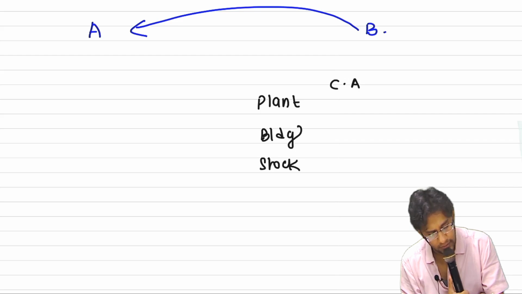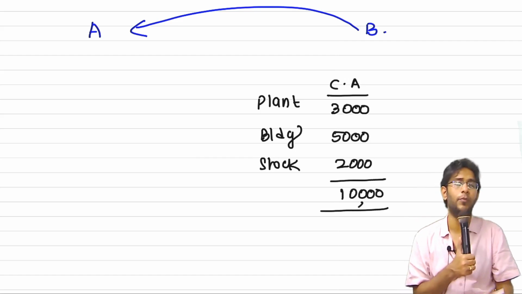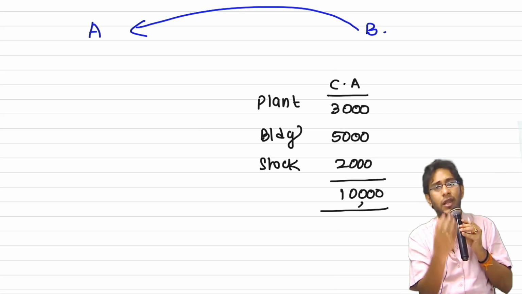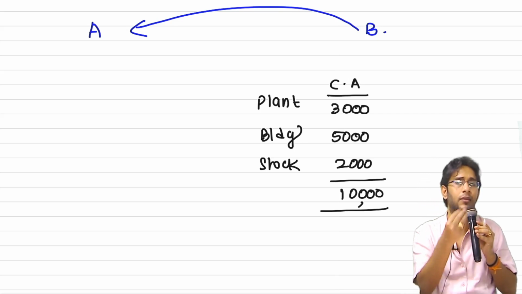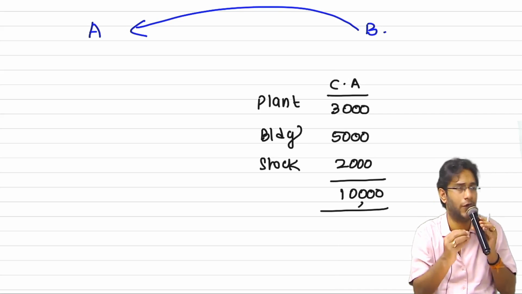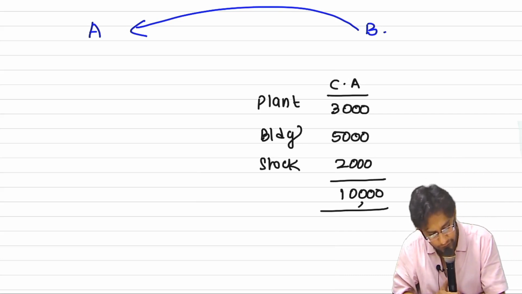These have a carrying amount of 3,000, 5,000, 2,000. Total carrying amount is 10,000. You all must have basic idea that in a business combination, whenever I absorb another entity, that entity's assets and liabilities should be recorded in our books at what value? Fair value. Correct? So, fair values I am writing.